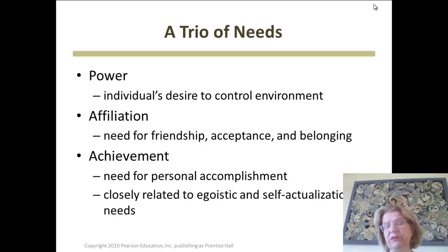Affiliation is similar to Maslow's social needs and suggests that behavior is influenced by the desire for social ties. Finally, the need for achievement, like the other needs, will vary from individual to individual.